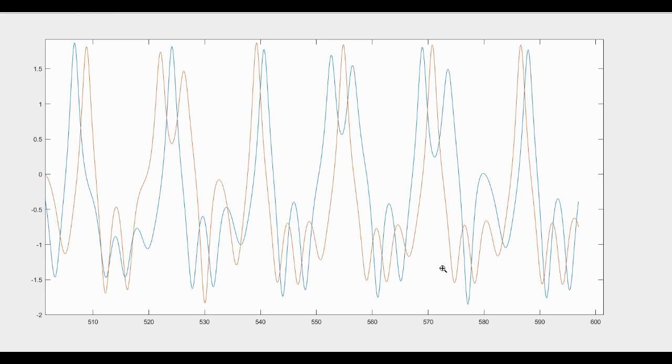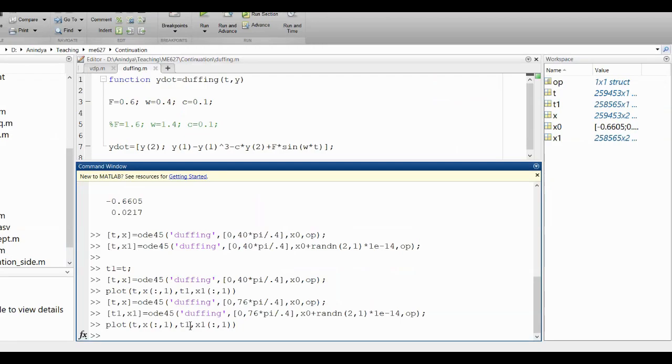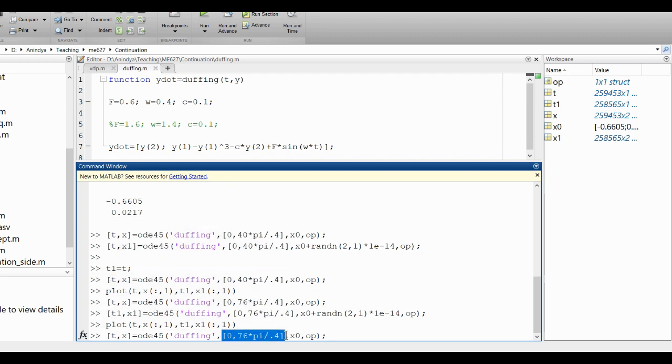Okay, so you can see that there is a very large difference now, and if we want to understand this difference, a good way to do it is to do the following. Let me insist on getting the same solution at the same instants of time.